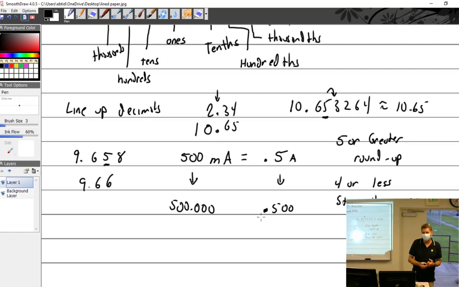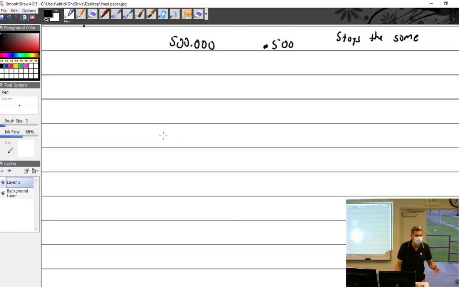Well, it's not, because say we're measuring something, and it is 565.2 milliamps. It's a very weird thing to have, but say you guys are all doing milliamps.